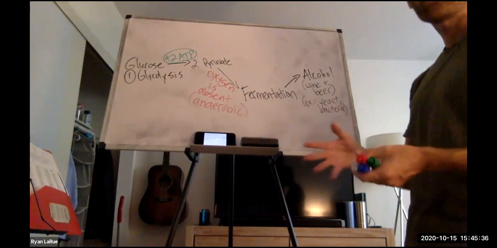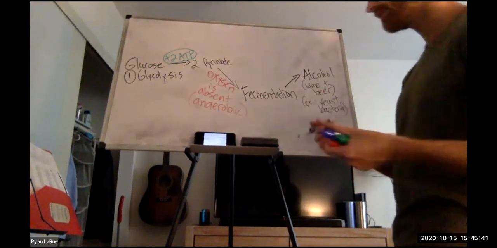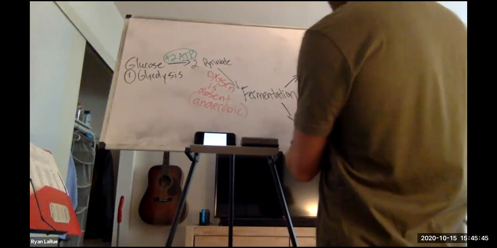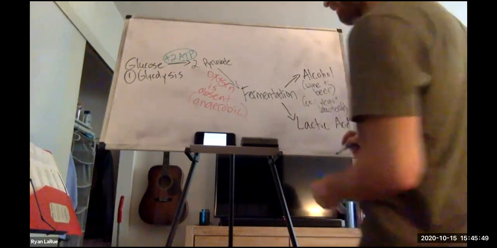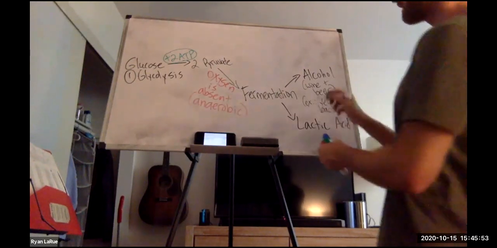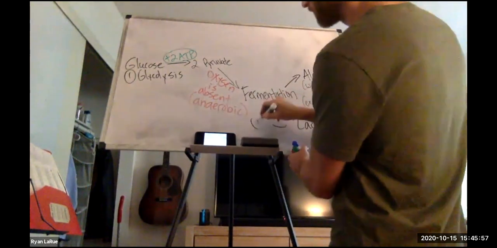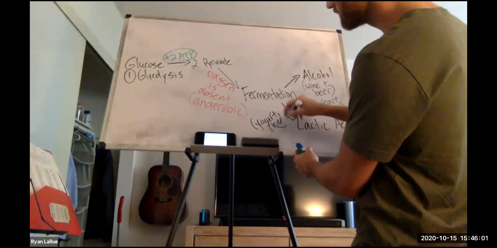The other type that we do, as well as most bacteria, is called lactic acid fermentation. And since I wrote wine and beer, this is used to produce a lot of yogurt, like Greek yogurt, certain cheeses.